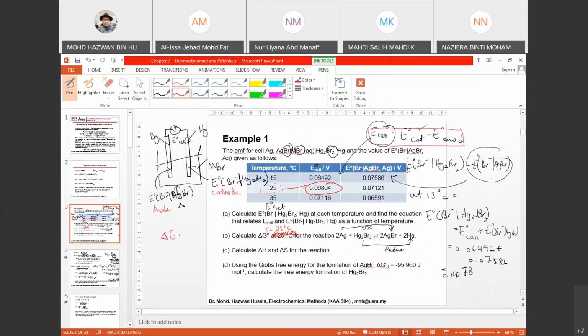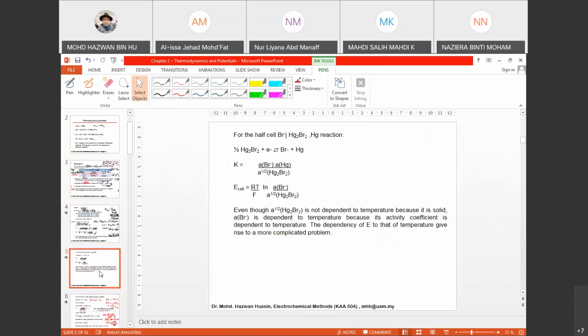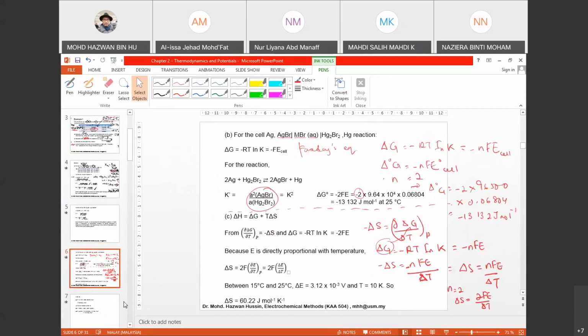Change of E, 25 minus 15, you will get 0.06804 minus 0.06492.